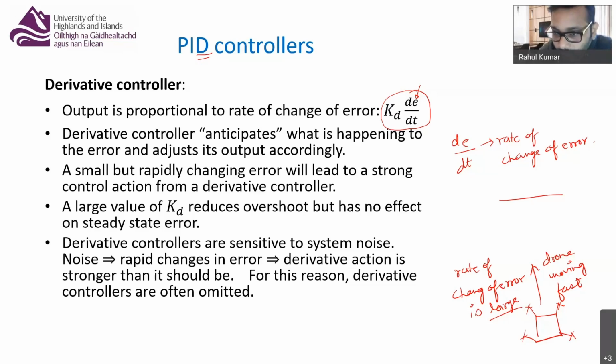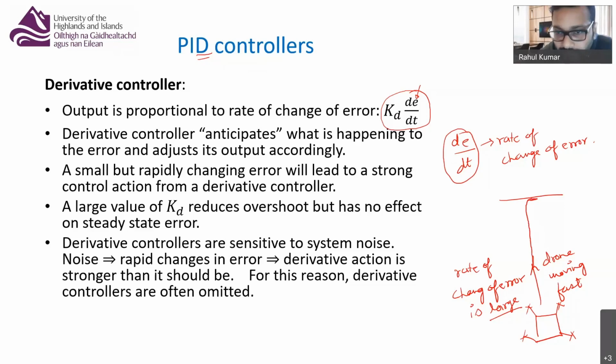So since the output depends on the rate of change of error, this derivative controller, if we have it in your PID controller, can adjust the rate at which the error changes, right? So it will try and reduce the speed so that it stops or hovers at 50 meters or at the finish point. So that's the advantage of using a derivative controller.